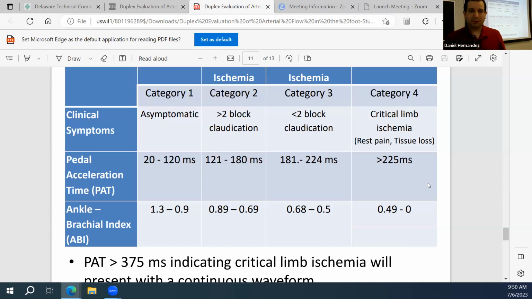A normal acceleration time here is between 20 and 120 milliseconds. Once we get into more significant disease, we have claudication, where the patient can walk more than 2 blocks, then less than 2 blocks, and then critical limb ischemia is patients who have rest pain and tissue loss.